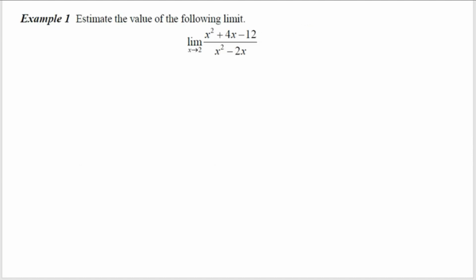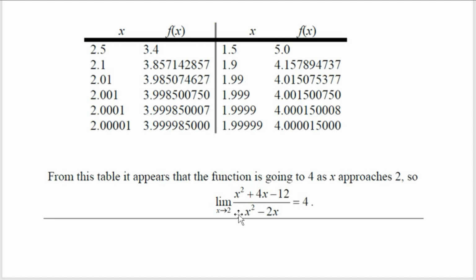Meaning to say, the given f of x is equal to the limit of x squared plus 4x minus 12 all over x squared minus 2x as x approaches 2. In a similar manner, you also try another value of x, shall we say 2.1.